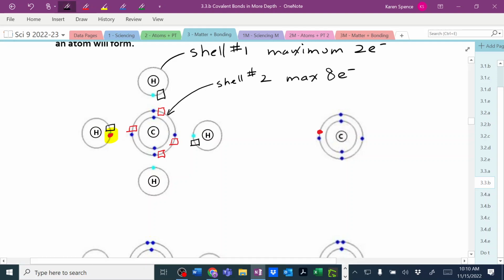And that means that I now have hydrogen sharing with carbon. I'm going to do the same thing for the hydrogen on the top. I'm going to put its electron here. You'll notice I'm not very good at drawing circles, so if you're worried about your circle drawing skills, don't be.